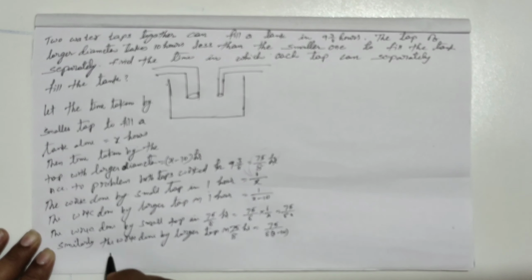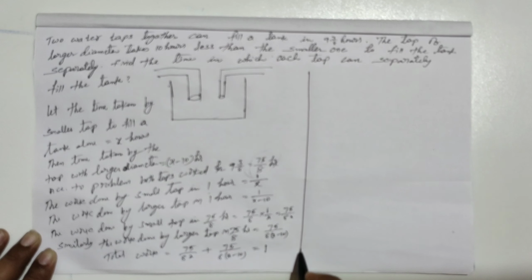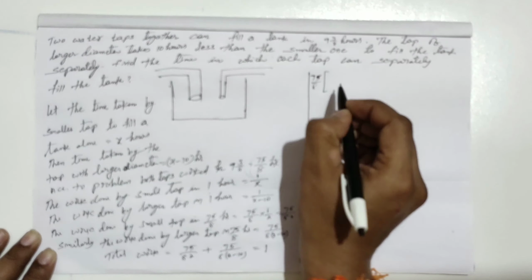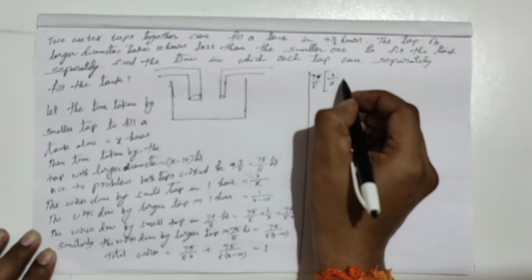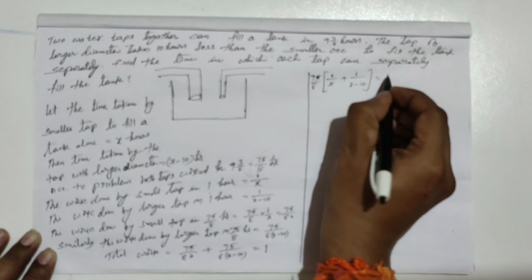So the total work done by both the taps, 75 by 8x plus 75 by 8 into x minus 10, together is equal to 1. Always the full work done is taken as 1 unit. Now from these two we can take common 75 by 8. So we can write it as 1 by x plus 1 by x minus 10 is equal to 1 by 75 by 8.